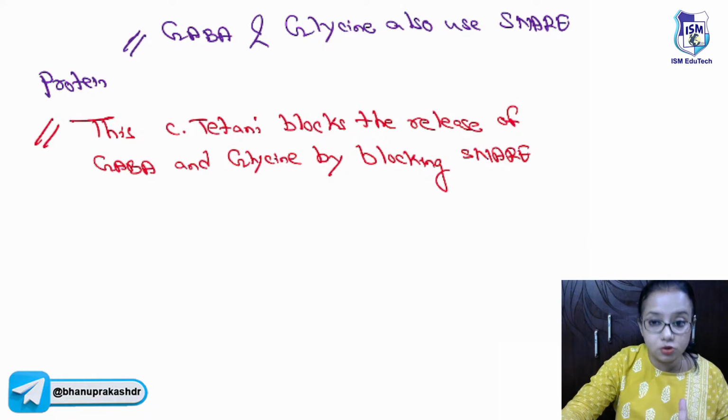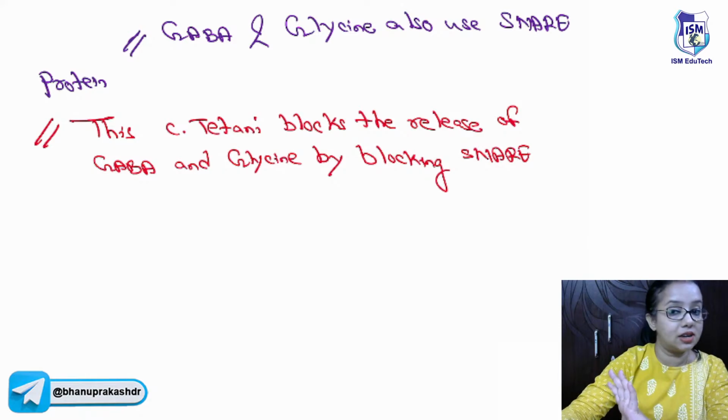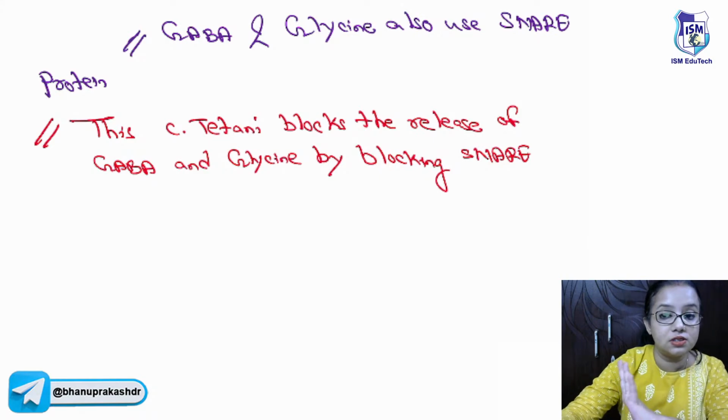So if the SNARE protein is blocked, then right after the firing from the spinal motor neuron, the release of GABA and glycine will be stopped. There can't be release of these inhibitory neurotransmitters, GABA and glycine.